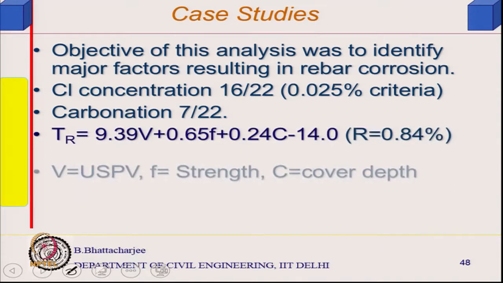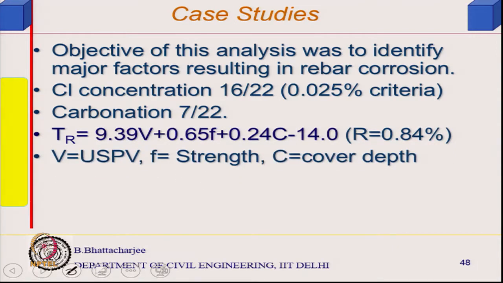Using this actual measured data over a large number of years, a simple regression would give you the time of repair as a function of ultrasonic pulse velocity, strength and cover depth.